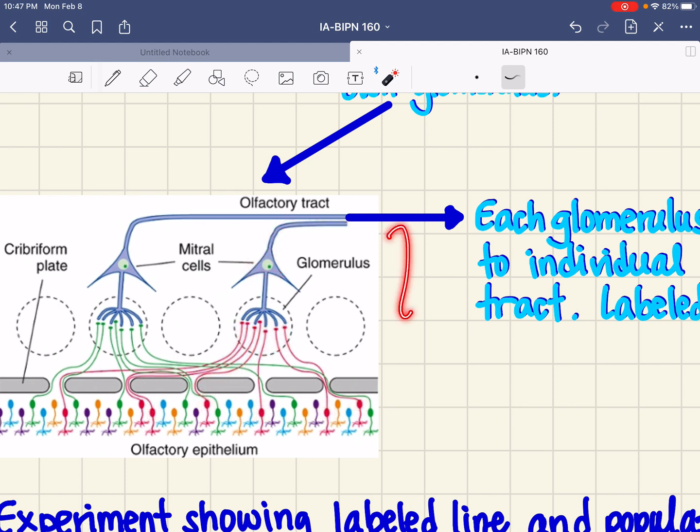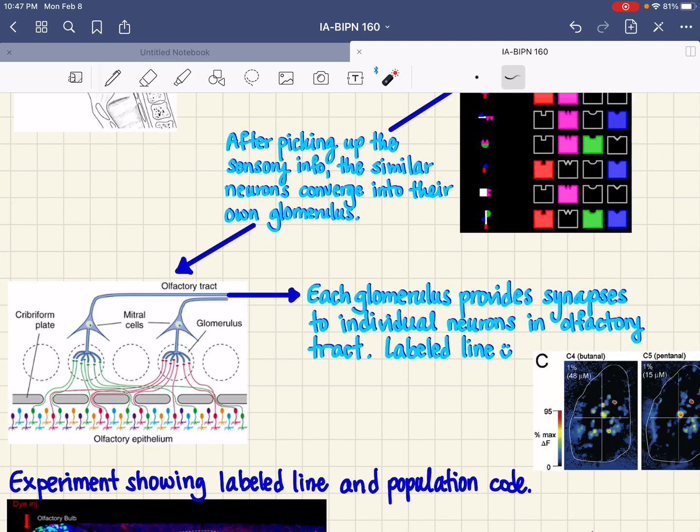So far we're seeing labeled line theory, no population code just yet. Each glomerulus gives these synapses to one neuron in the olfactory tract, and these tracts go to the brain. So far again, labeled line theory.